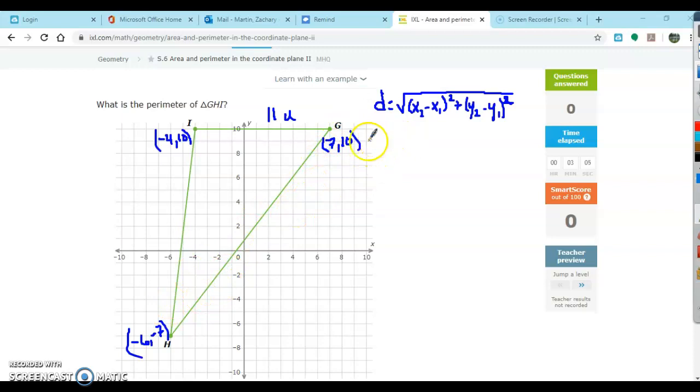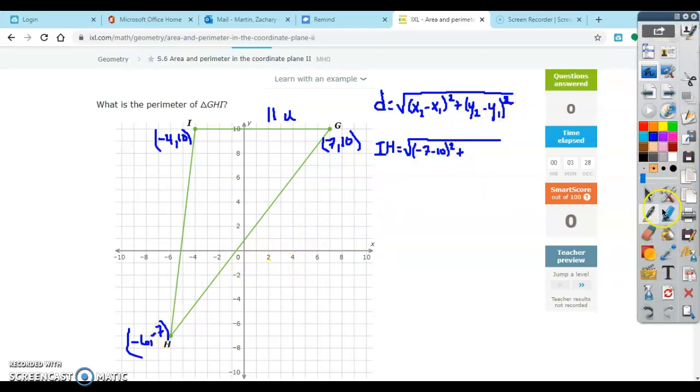If I want to find the distance from I to H, the length of that segment is going to be the square root of x2 minus x1. So, excuse me, I just did the y values.